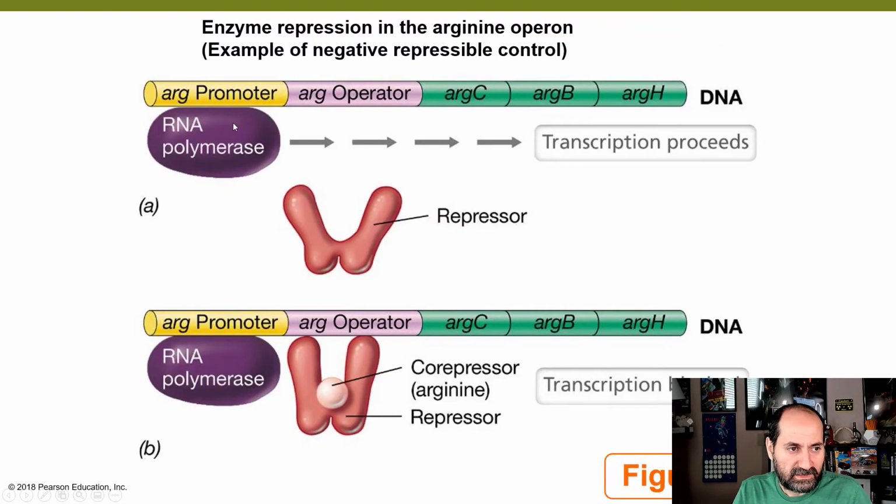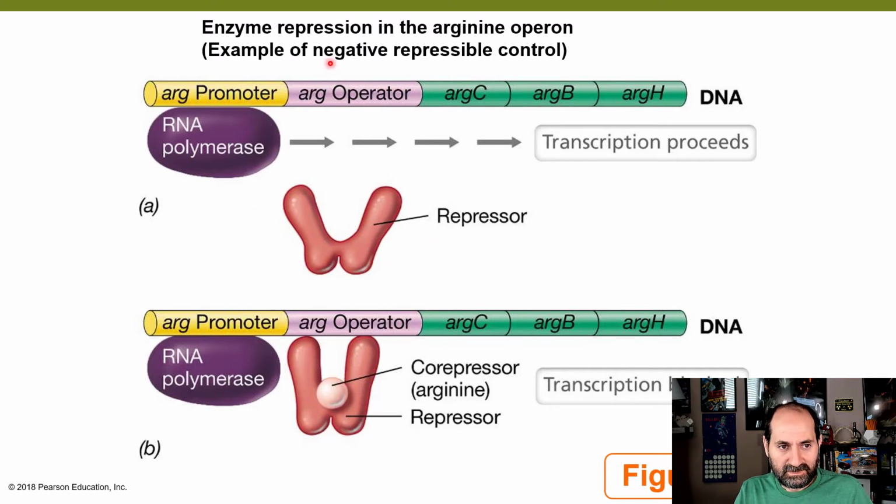So let's take a look here. Here's your arginine operon. Again, the repressor is inactive. Remember, the repressor is inactive normally. So the repressor is around, but it's inactive. Again, this is a negative repressible control. Negative meaning a repressor is involved.